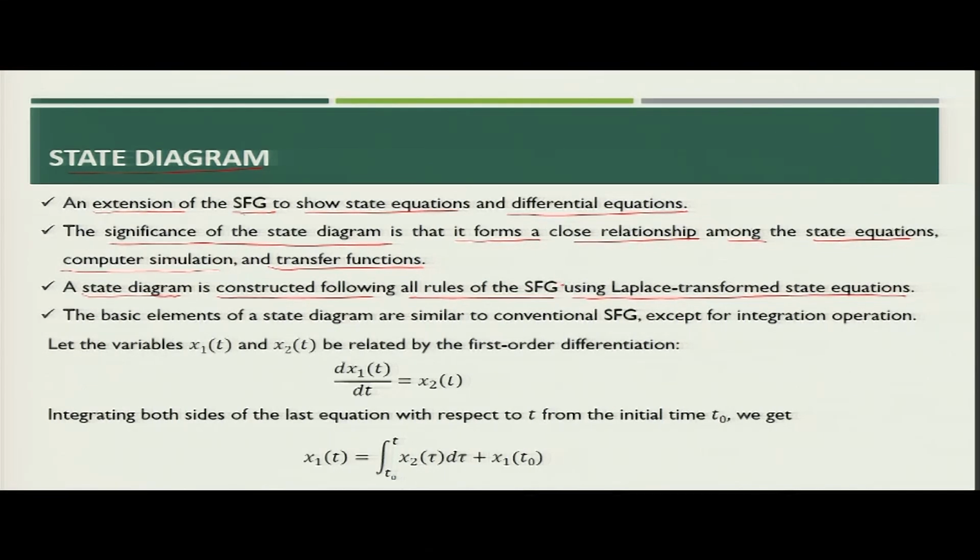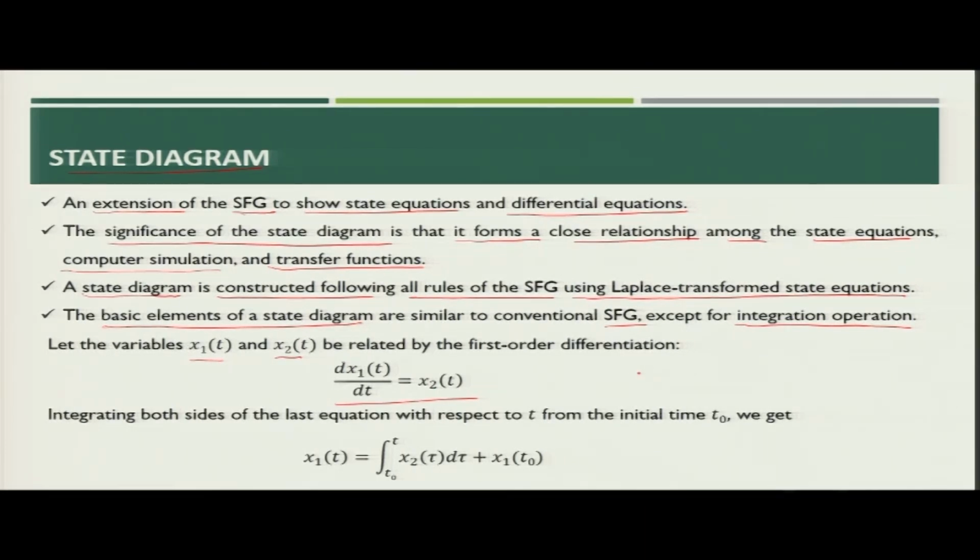Now, the difference between the signal flow graph and the state diagram is the integration operation, which is a little bit different. So, when we talk about the state diagram, let us first see how the integration operation is defined in the state diagram. Let us see, there are two variables x1 and x2, and these are related to each other as dx1/dt equal to x2.